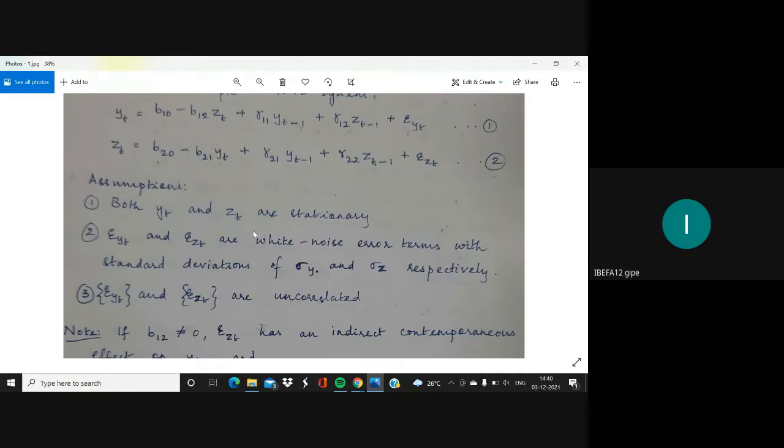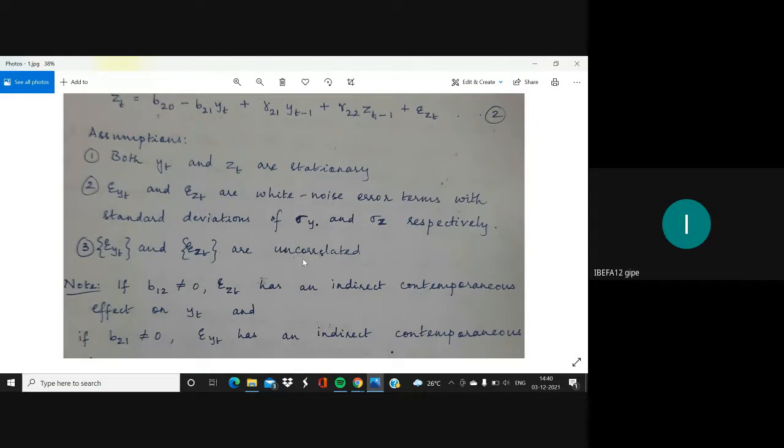So they have a mean of 0, some constant variance, and their covariances are equal to 0. They are uncorrelated with each other. This is laid out in the third assumption, that epsilon yt and epsilon zt are uncorrelated.